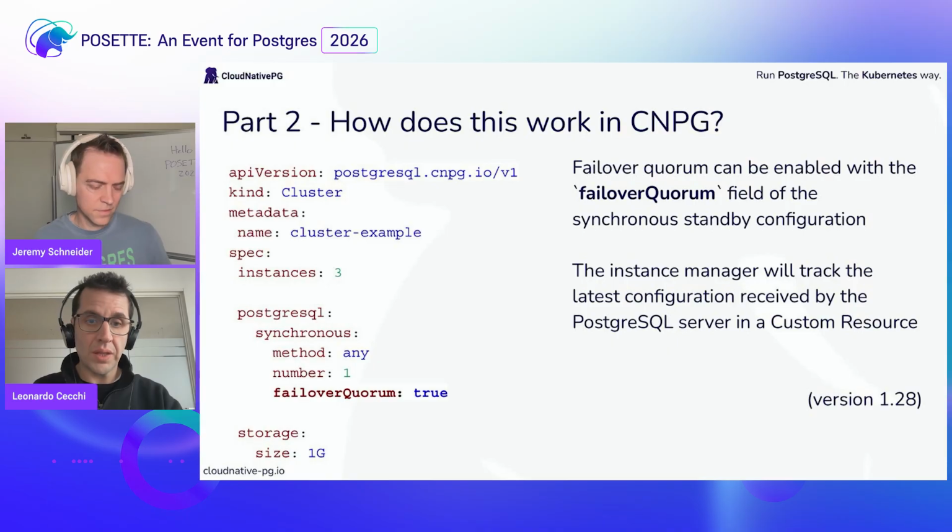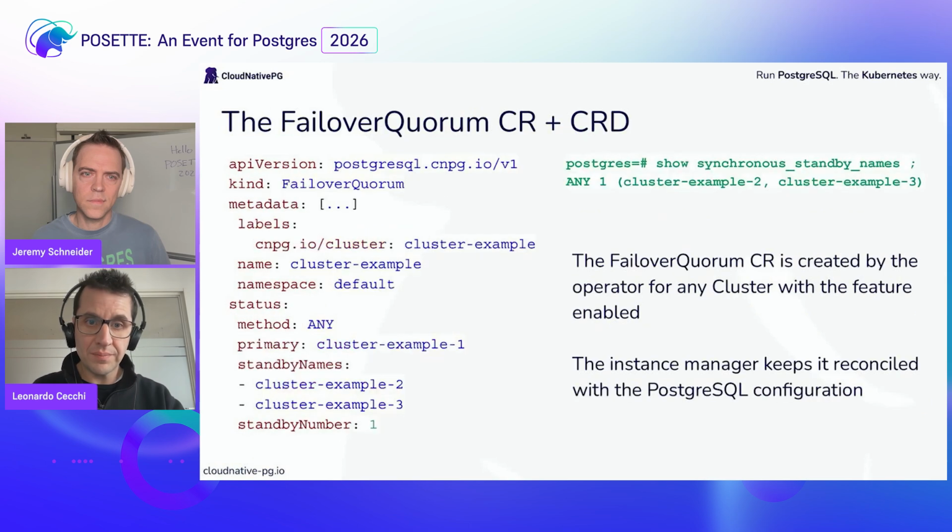Okay, it's good. But when this parameter is enabled, what will happen? This is twofold. First of all, the operator will start working and create a new custom resource. And the instance manager will keep it updated. So let's see an example in the next slide. This is the custom resource we created just for that.